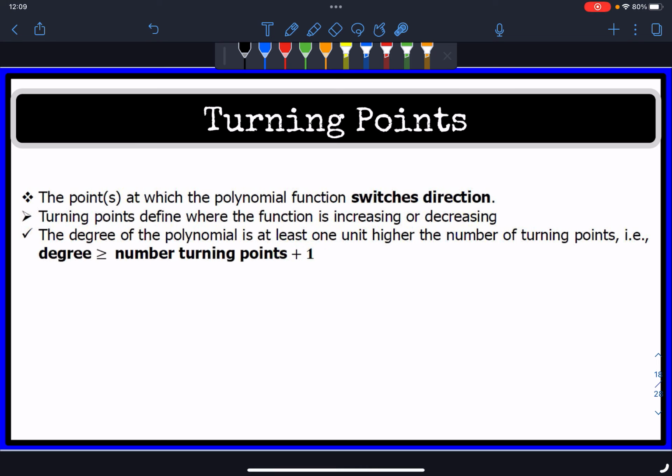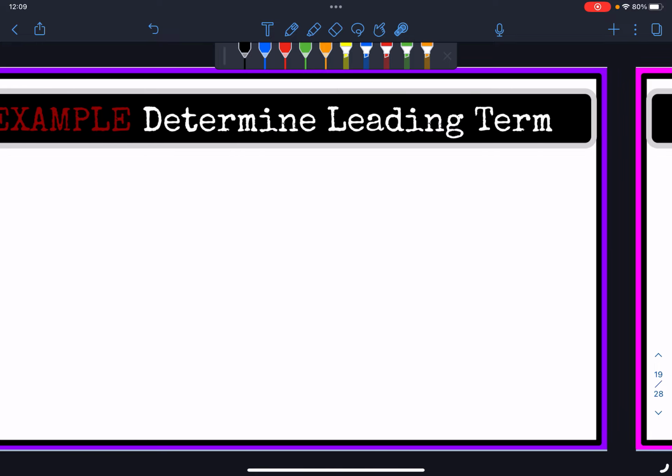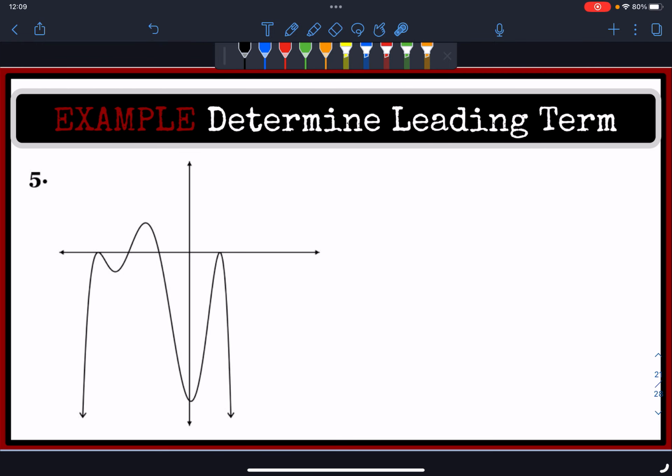So for example, let's say we have this polynomial here. I know it's a polynomial because it's continuous, it's connected through every single value of x, and the turns are smooth. They're not like a sharp corner where it changes direction like a letter V. So I know that this is a polynomial. And because I know that, I know that I have a bunch of power functions being added together.